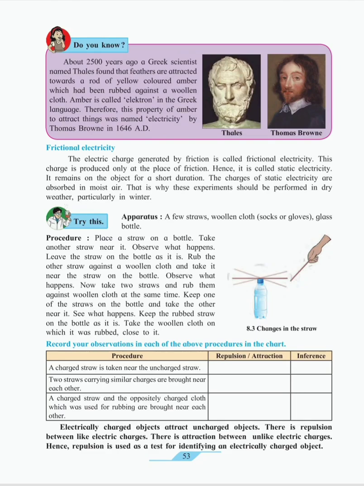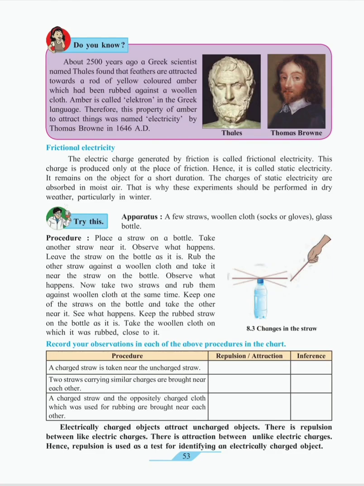As many negative charges as one straw has, the same negative charges the other straw will have. So both will have like charges, the same number of charges, and therefore they will repel each other when both the straws are rubbed with the woolen cloth.